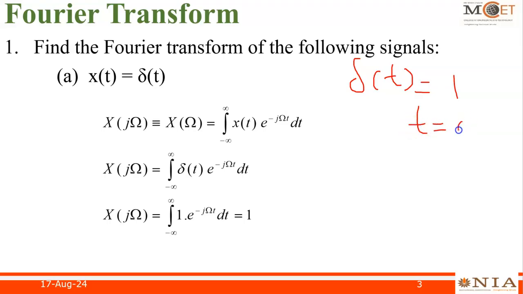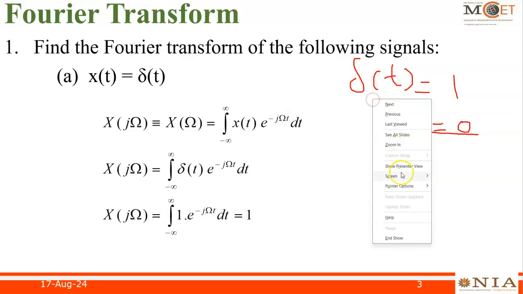So only the function del of t is equivalent to 1 whenever the time value t is equal to 0. For all other values of t except t is equal to 0, del of t is equal to 0, right? So this is the impulse function.